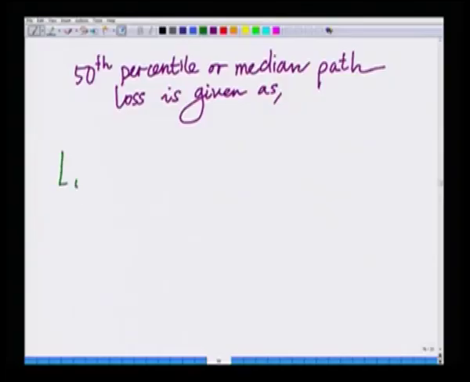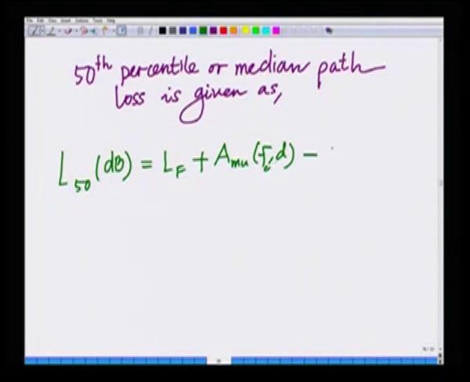L50 in dB, which is the 50th percentile path loss, is LF, which is the free space path loss, plus, we are going to see what each of these factors is shortly, A mu, which depends on the carrier frequency and the distance, minus a gain factor arising out of the transmit antenna, minus a gain factor arising out of the receive antenna, minus a gain factor arising out of the area.